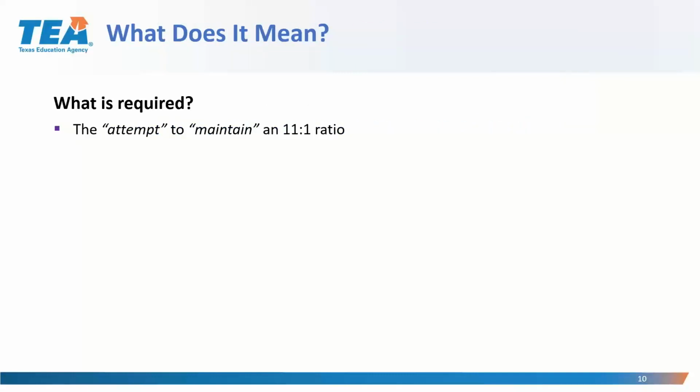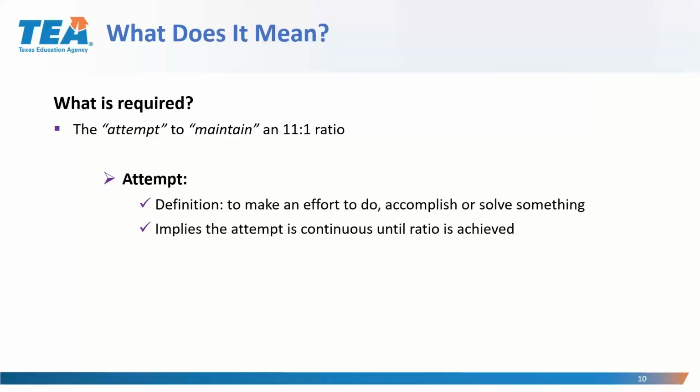So what does all this mean? So what is required? Well, you will notice the references in statute and commissioner's rule said the attempt to maintain an 11-to-1 ratio. So what does attempt mean?